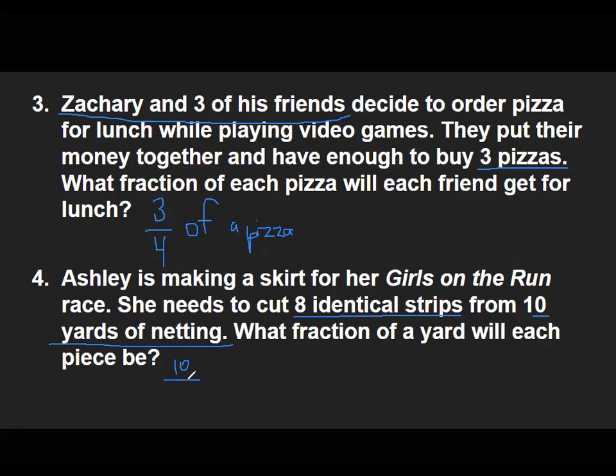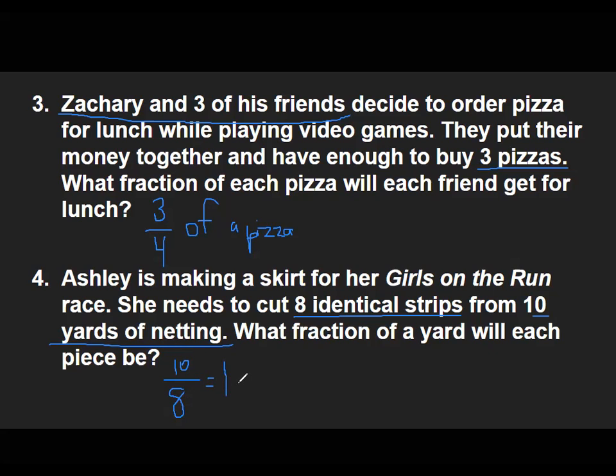And who or what gets this netting? Well, the strips is what is getting the netting. So we have 8 strips to divide it up into. So since we have an improper fraction, we are going to need to go ahead and divide this out. If we have 10, how many groups of 8 can we make?